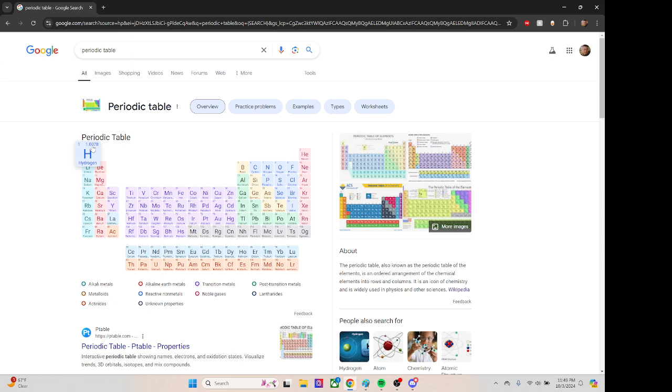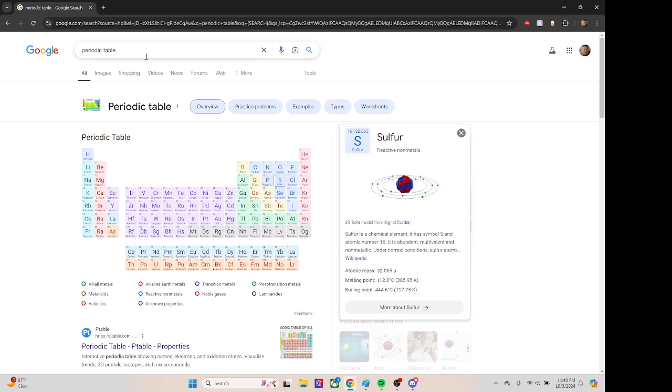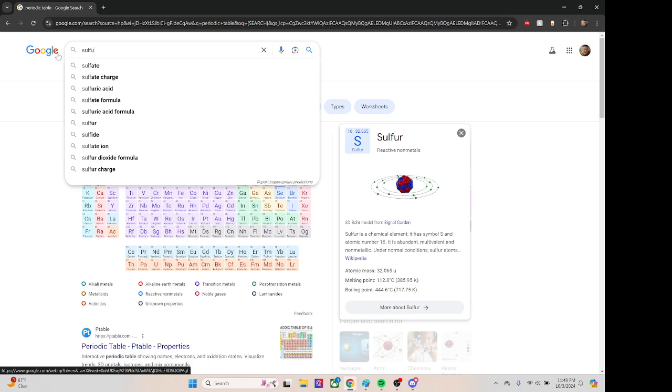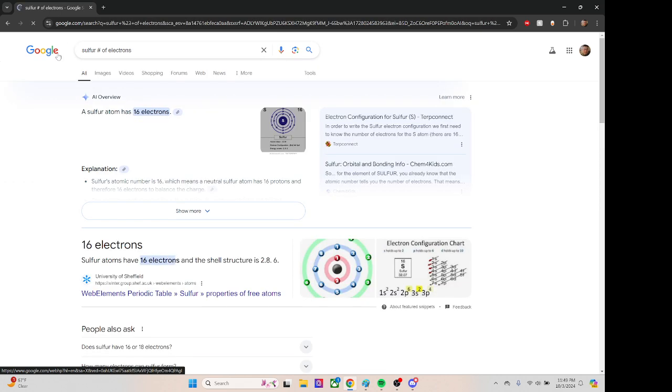Now we can do a little example. We're going to grab sulfur, for example. Sulfur number of electrons: I have 16 electrons.